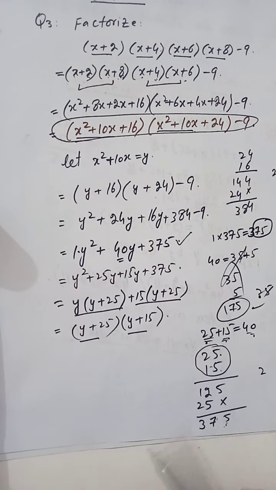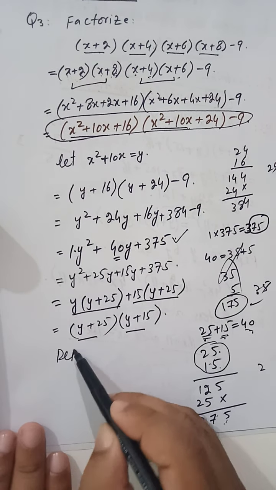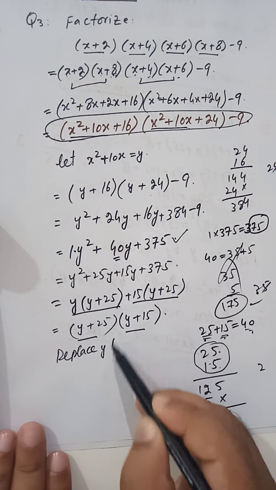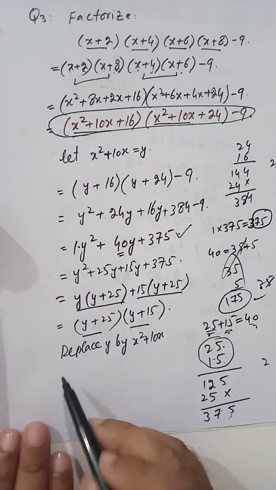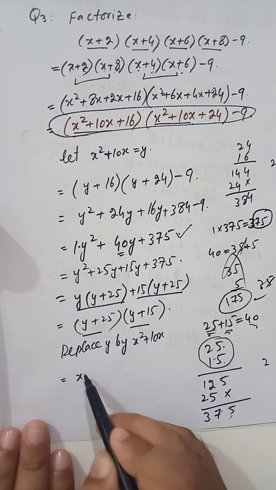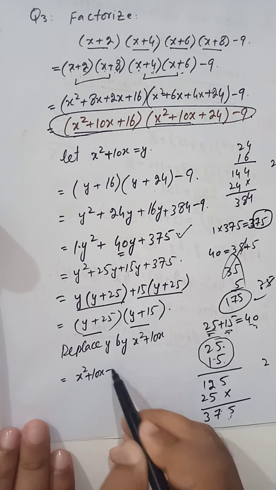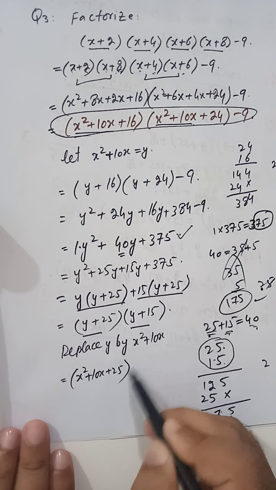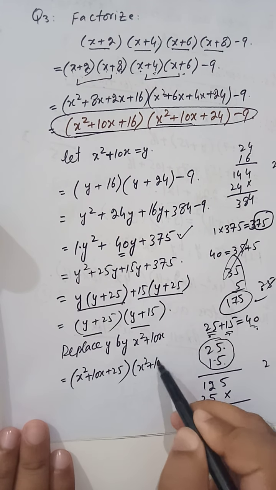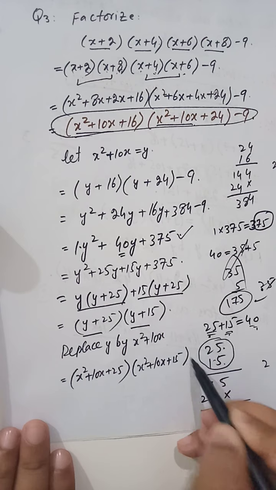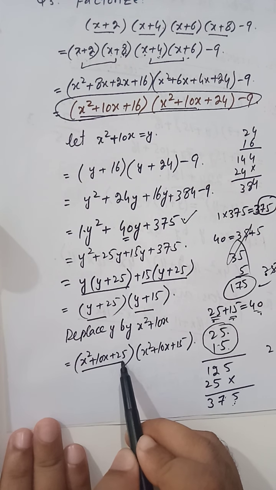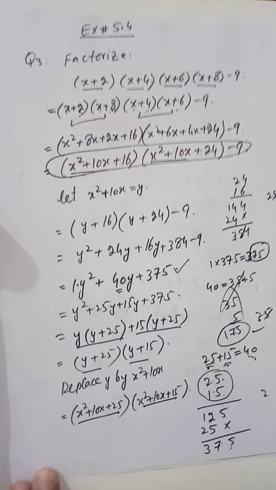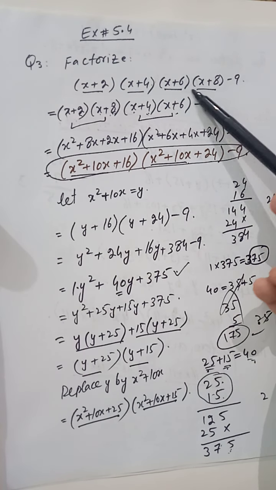So for that you need to replace y by x square plus 10x. So you get x square plus 10x plus 25, and x square plus 10x plus 15. So you see that this is an algebraic quadratic factor and this is also an algebraic quadratic factor. So this is actually biquadratic.